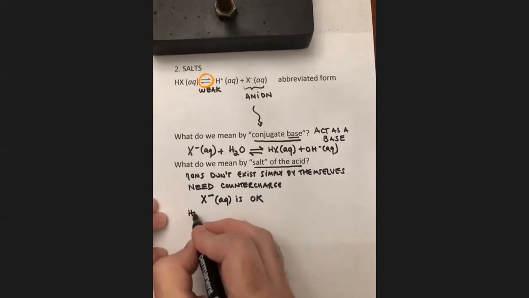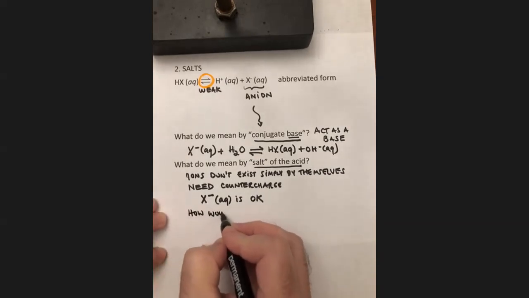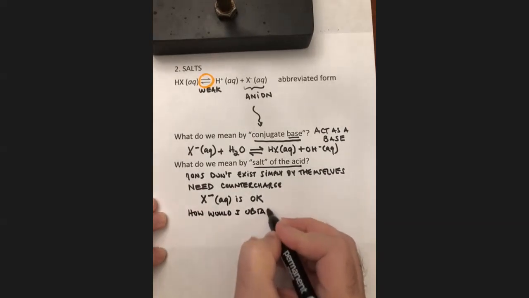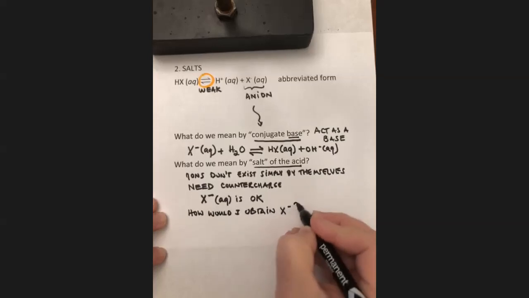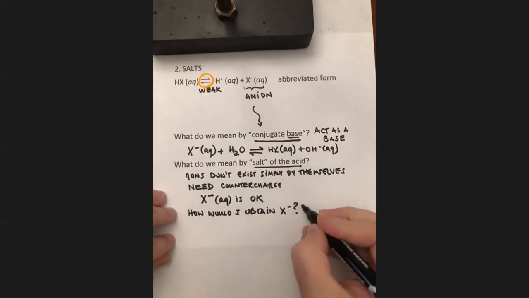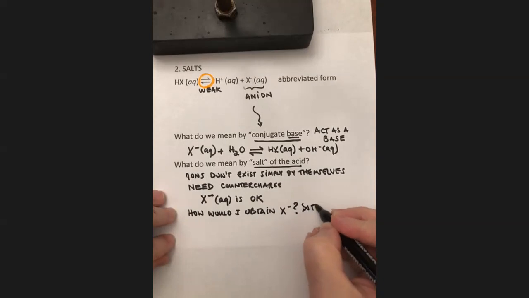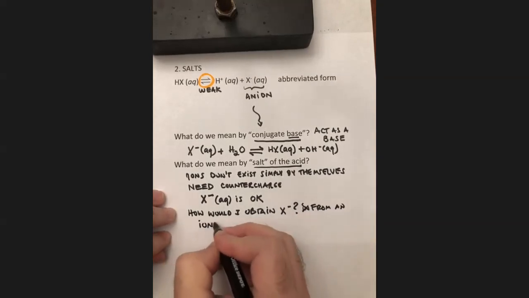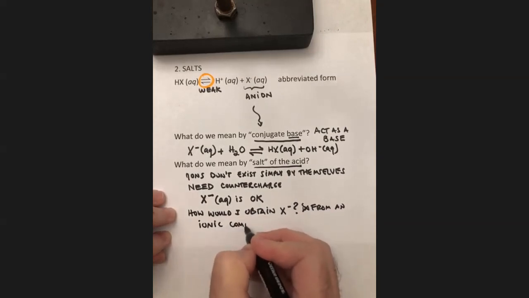How would I obtain it? Well, the only way I can obtain it is if I have something that counteracts that negative charge. In other words, from an ionic compound.